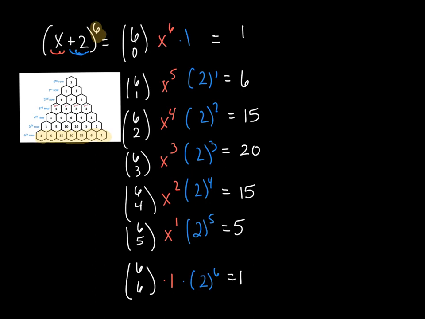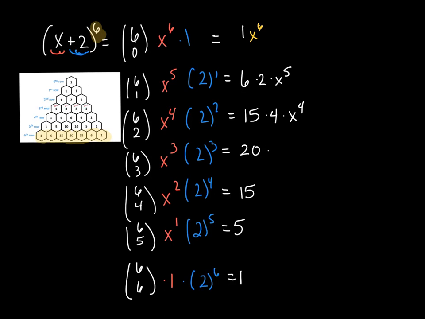So let's simplify with x's and with 2. For x, that stays the same, so that's just going to be x to the 6th. This will be 6 times 2 times x to the 5th. This will be 15 times 4 times x to the 4th.